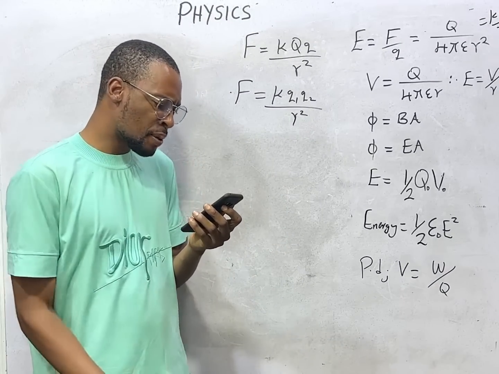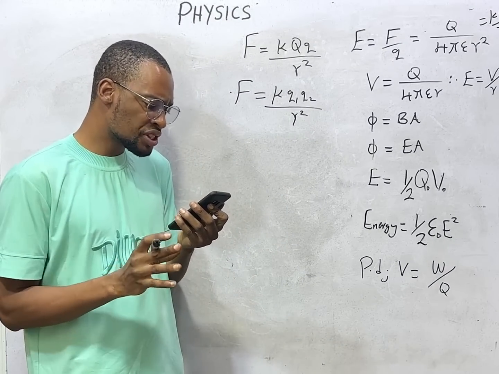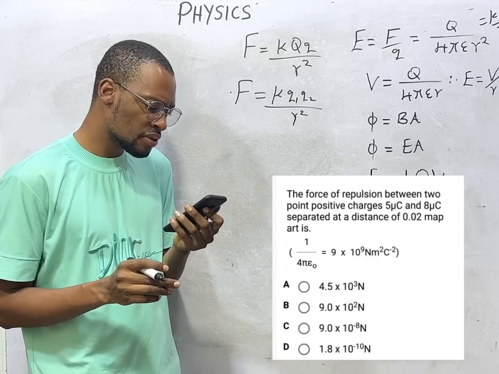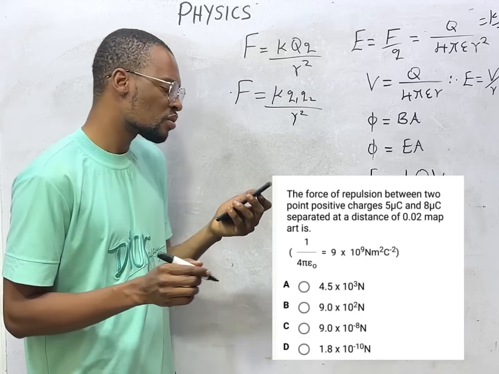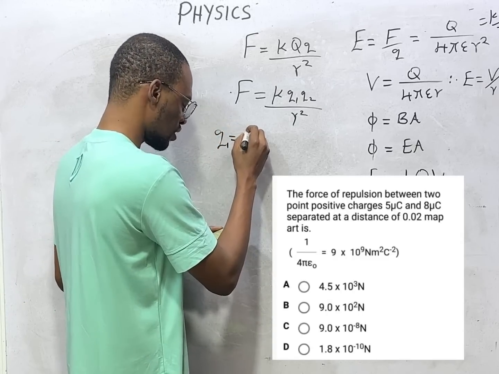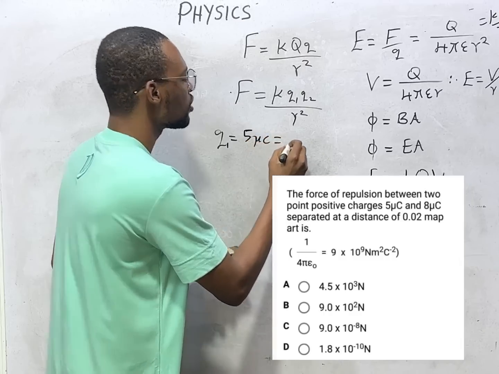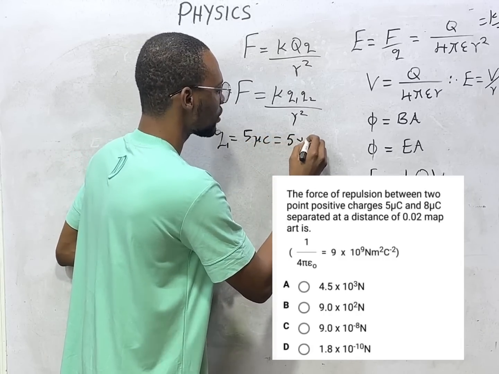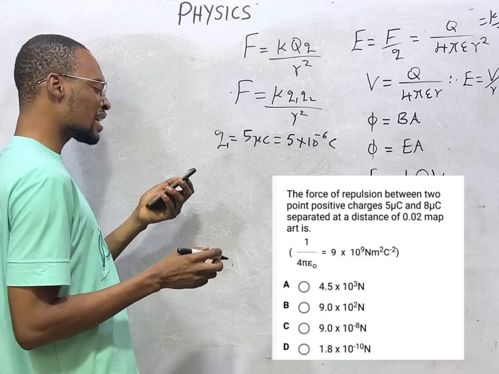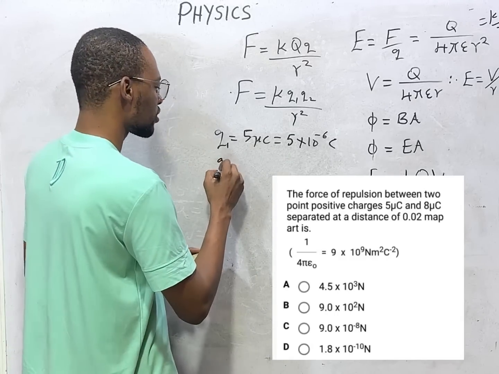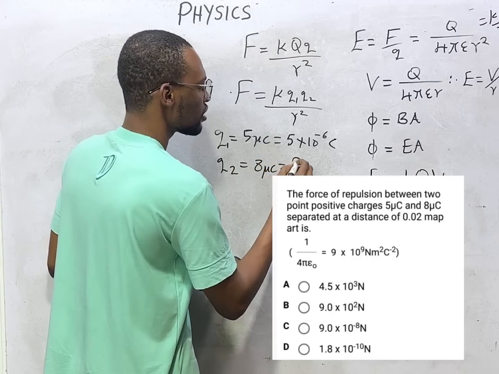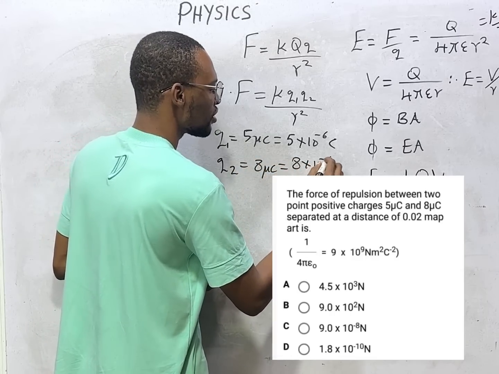The force of repulsion between two positive charges 5 microcoulomb and 8 microcoulombs. We have two charges. Let's call the first one Q1. It is 5 microcoulomb, which is 5 times 10 to the power of minus 6 coulomb. The next one is 8 microcoulomb. So the second charge is 8 microcoulomb. That is 8 times 10 to the power of minus 6 coulomb.